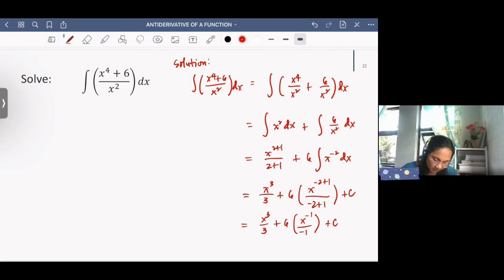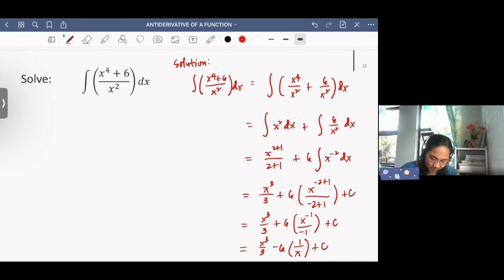So simplifying this, we'll have x cubed over 3. And then this is now 6 divided by negative 1. This is negative 6 times x raised to negative 1. Let's apply the law on negative exponent. This is 1 over x. And then plus c. Alright?